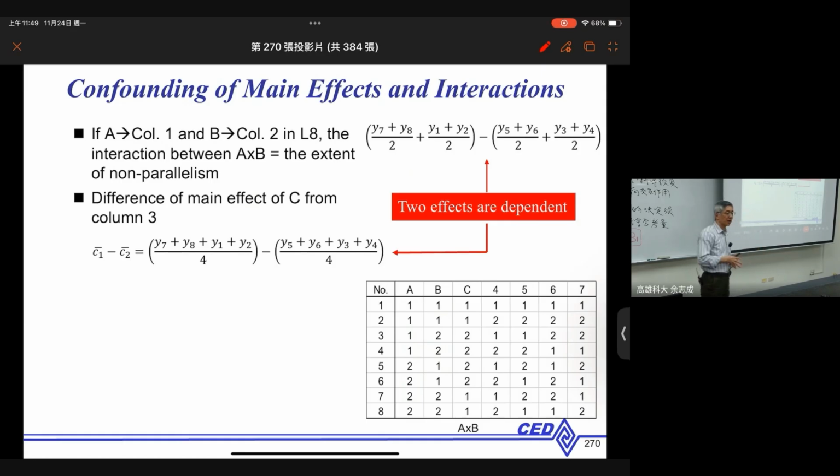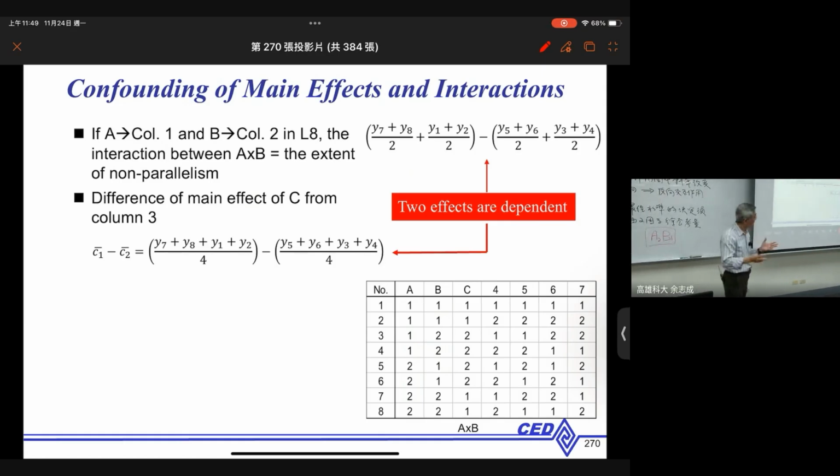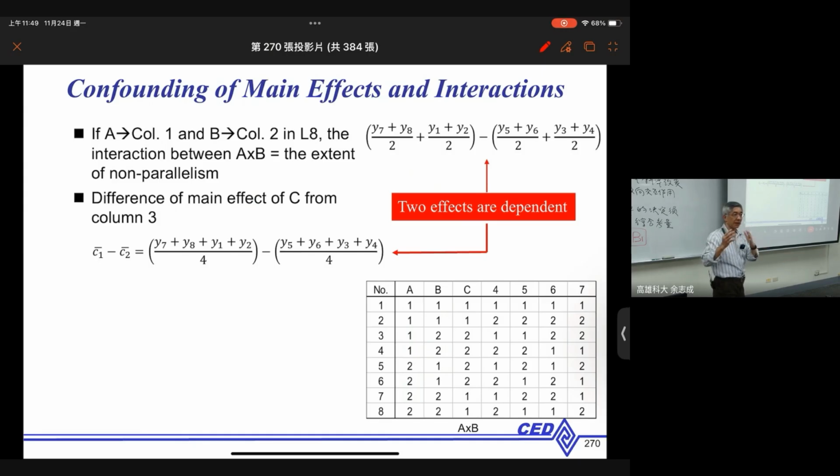Or I should put it another way. If this difference is big, you cannot say whether it is due to main effect C or due to interaction AB. The interaction AB in this case is mixed up with effect C. You cannot separate effect C from interaction AB.